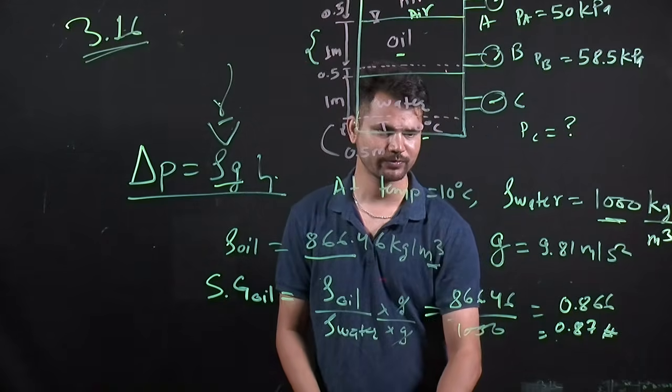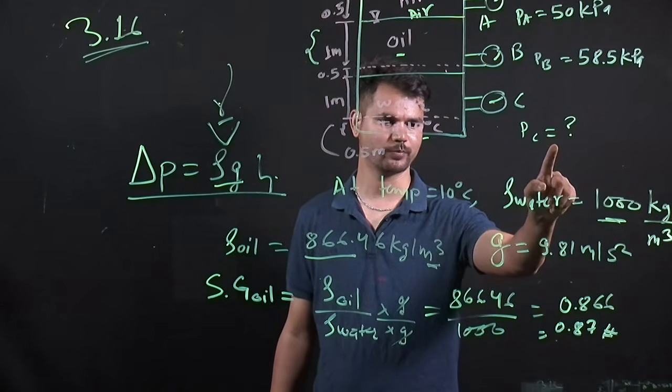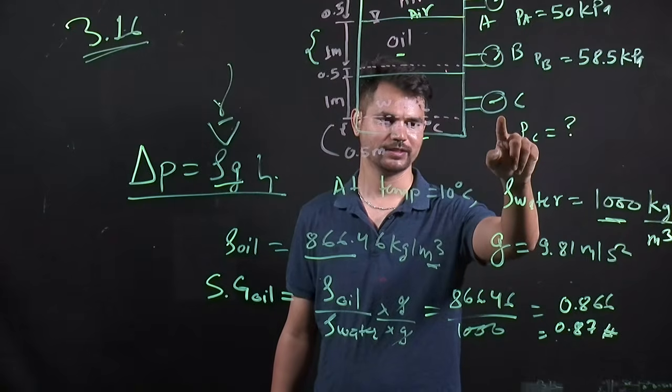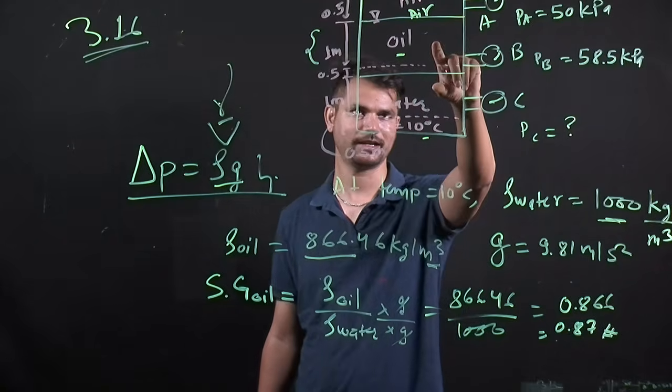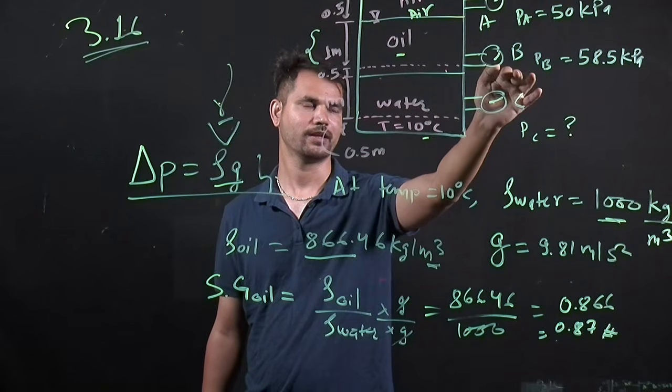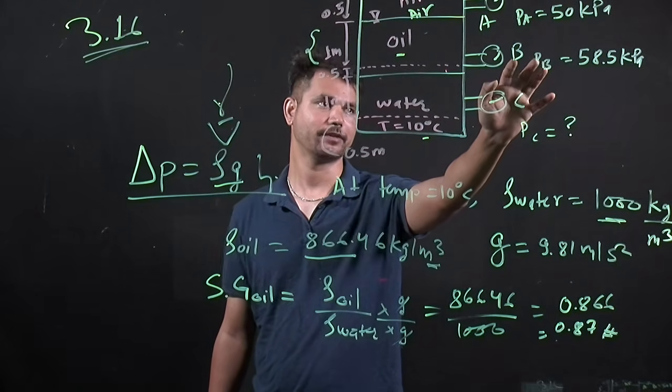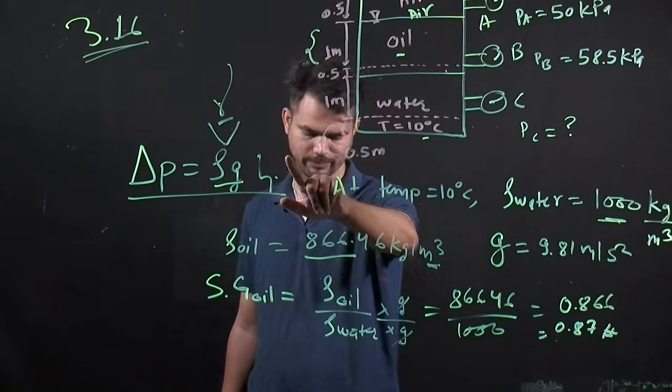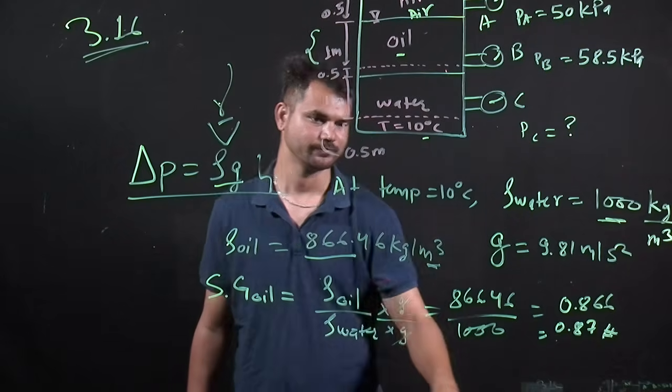So we also need to find pressure at this point C, and we will use the oil and water surface here, because we already know the pressure at PB, and we will use the same formula here as well.